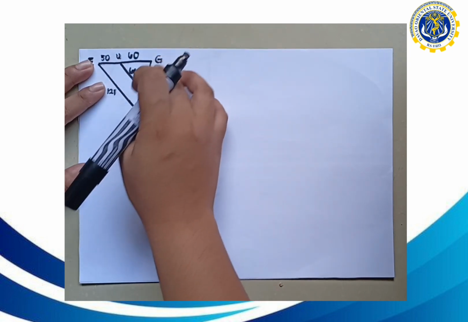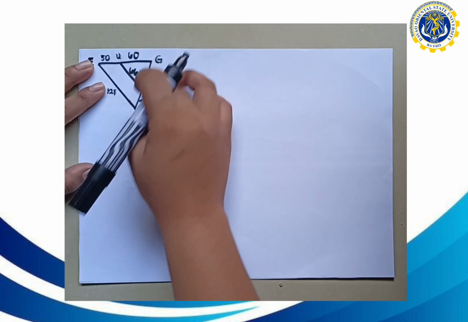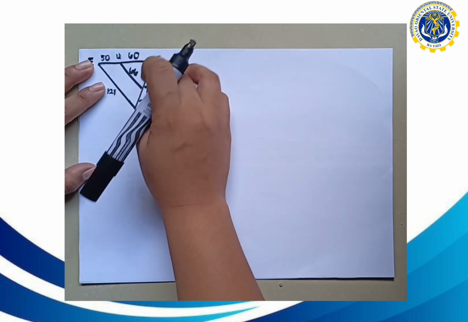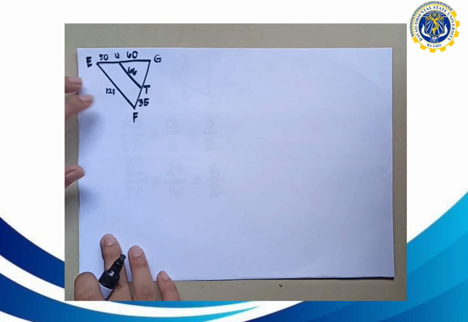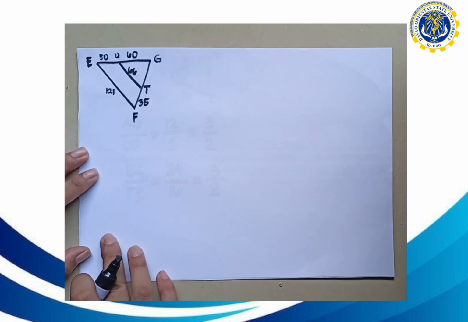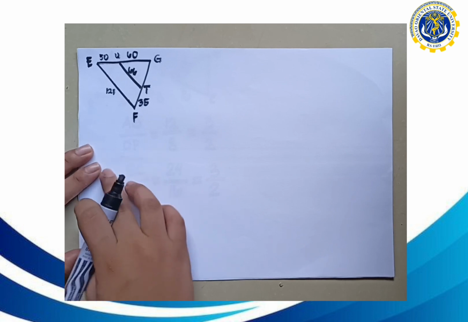So the side GT is now unknown. So we can say that triangle EGF and triangle UGT are similar by the SSS theorem or SAS similarity theorem. So we have to write the solution.